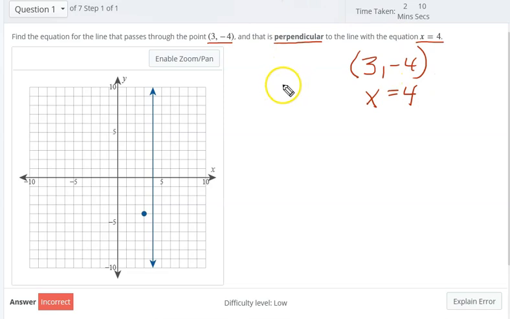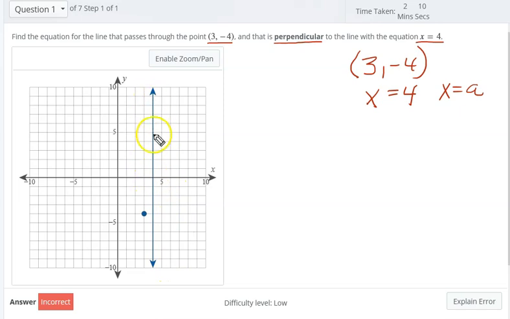So on your worksheet or wherever you're doing the work for this, you read it carefully, pick out some important items, and then now you study it. Well, what is the equation x equals 4? And you may recall that's an equation in the form x equals a, which is a vertical line.